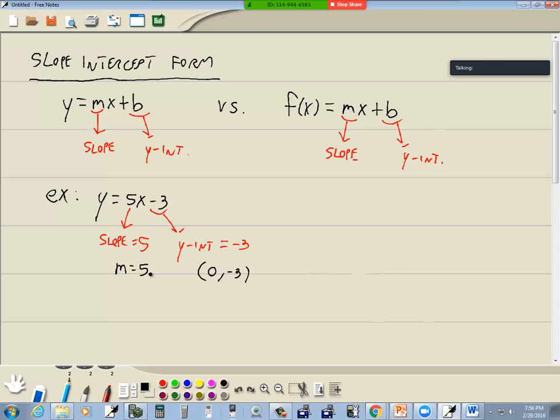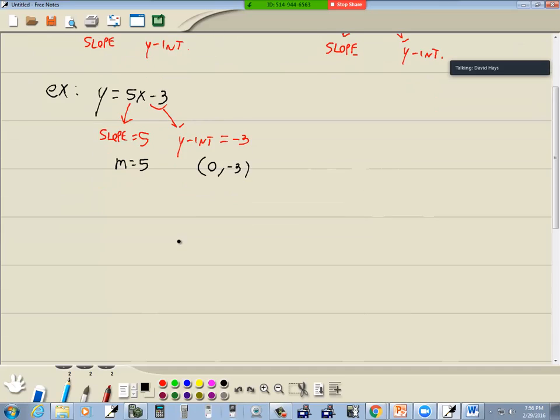Now sometimes you have to work to get it into the right form. For example, if we had 5x plus 2y is equal to 8, and I ask you to identify the slope and y-intercept. Well, an easy way to do that is to solve for y.